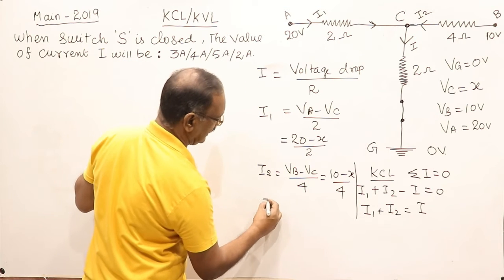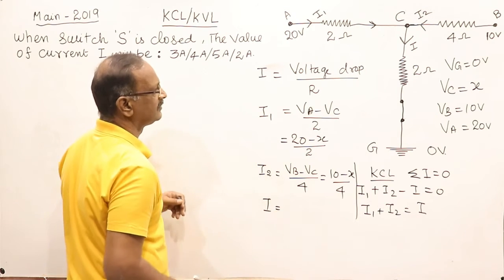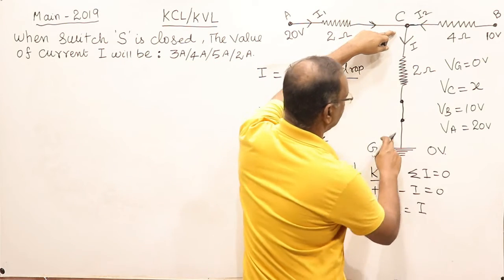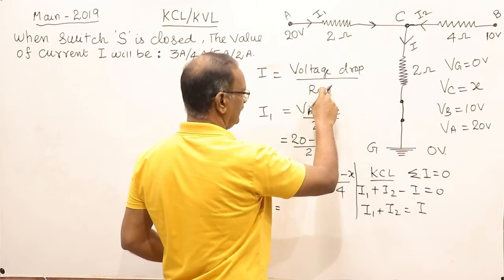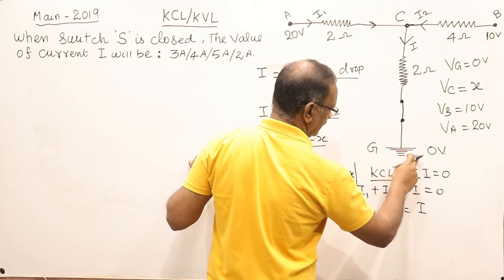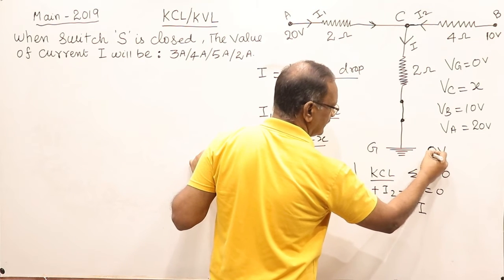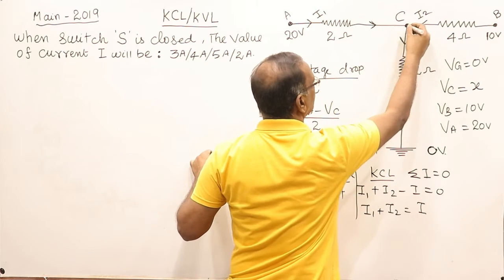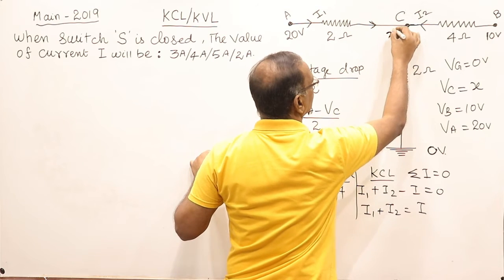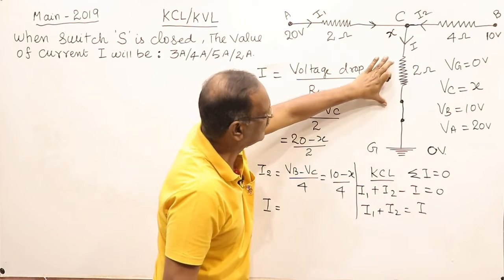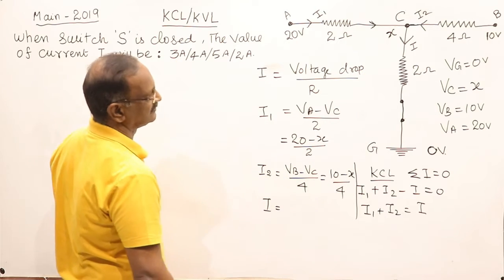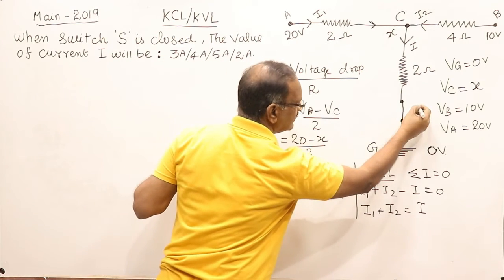Then what is I? I is equal to the potential difference across this point divided by the resistance. This is grounded at lower potential, so it has 0 voltage, and the other has some voltage, which we call X. Higher potential minus lower potential divided by the resistance when the switch S is closed.